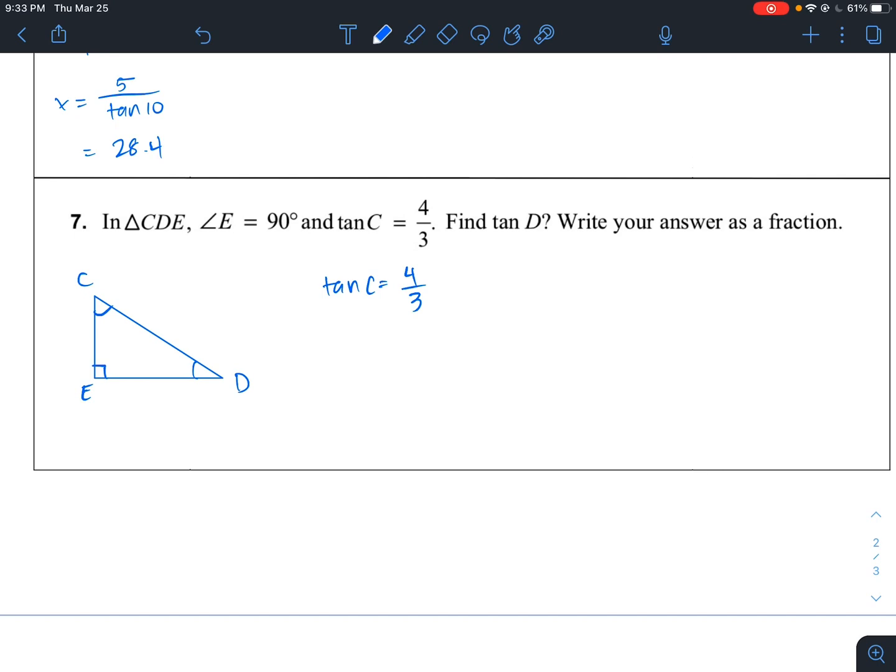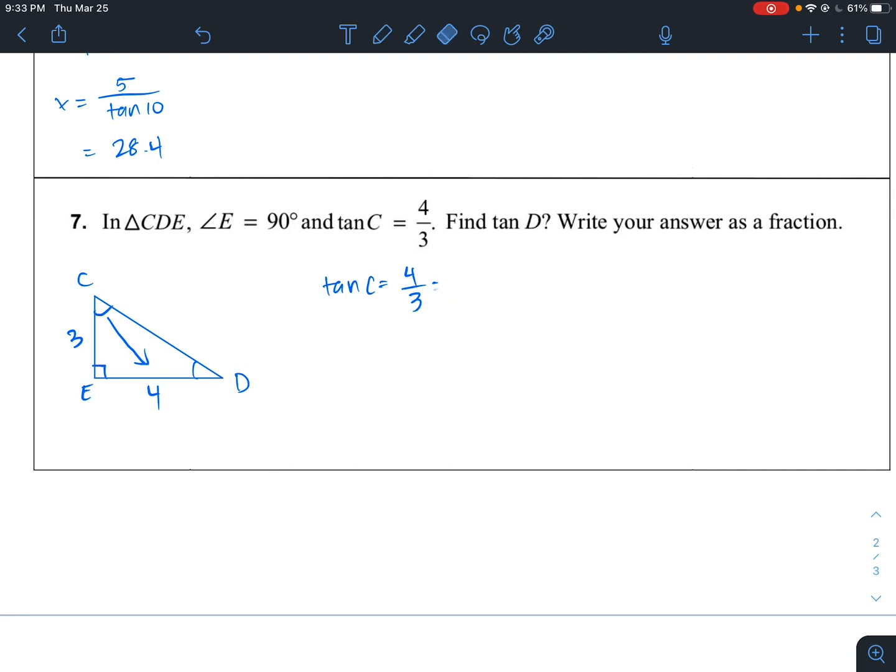Now we know that the tangent ratio describes the ratio between the opposite side over the adjacent side, and now we're looking at this from the perspective of C. So tangent of C is equal to 4, so this side length has to be 4, and the side length adjacent to it has to be 3.